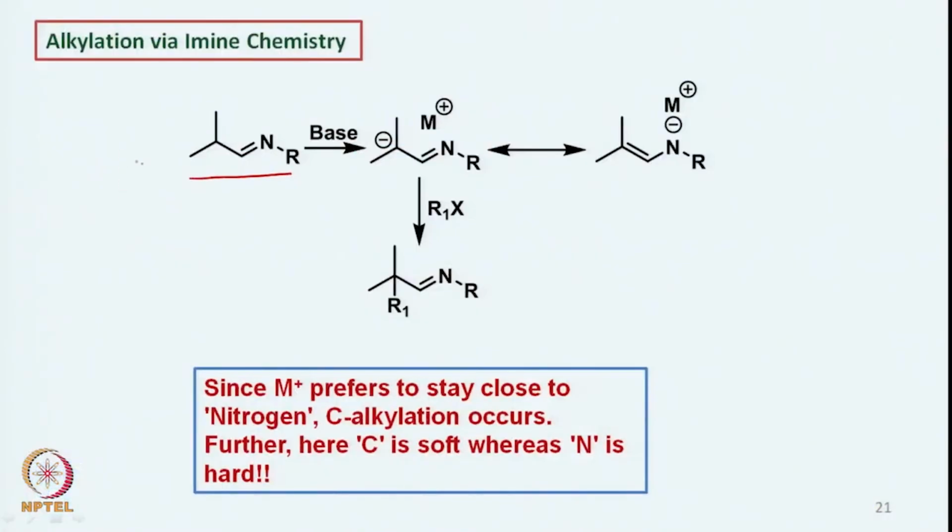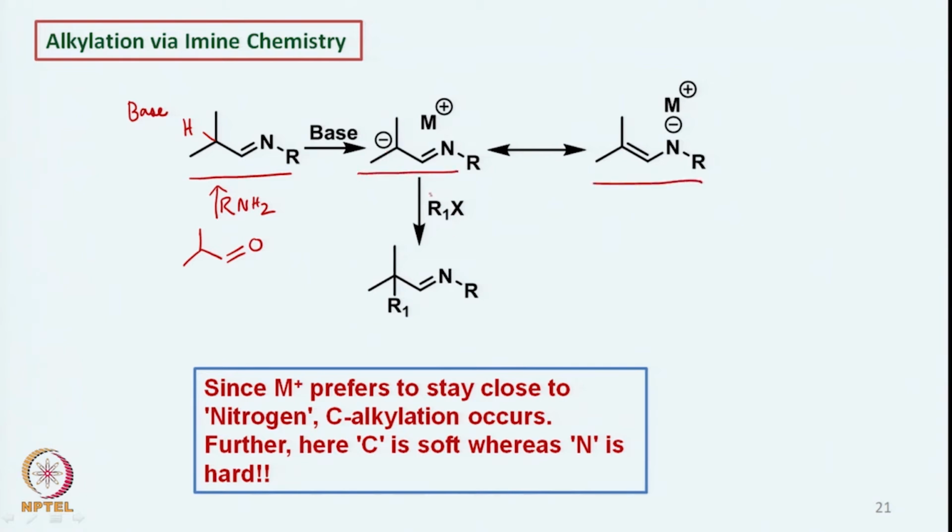Suppose we are in a position to make an imine of this type, say for example from a carbonyl group like an aldehyde. If we react with NH2 here and R group here, then we can get the corresponding imine. Now, we can do the deprotonation of this hydrogen by base. So, what we have is removal of this proton leading to the negative charge which is stabilized alpha to the imine group, and this can exist in this form or in this form.